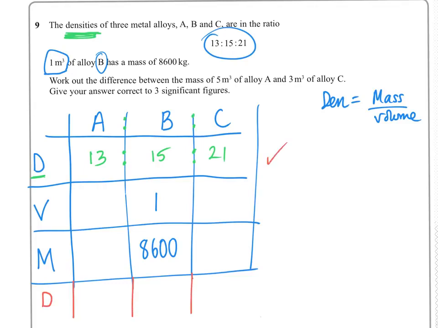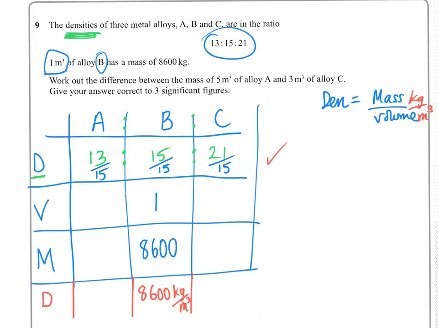So this one is just going to be 8,600 kilograms per meter cube, because don't forget mass is in kilograms and volume is given in meter cubes. Okay, so that's the first thing. The next thing I would do, this is just my preferred way, is divide this one here by 15 and then do the same in proportion to all of the others.